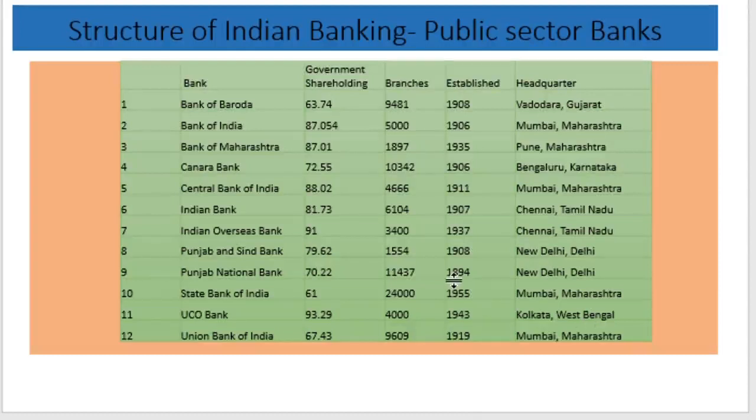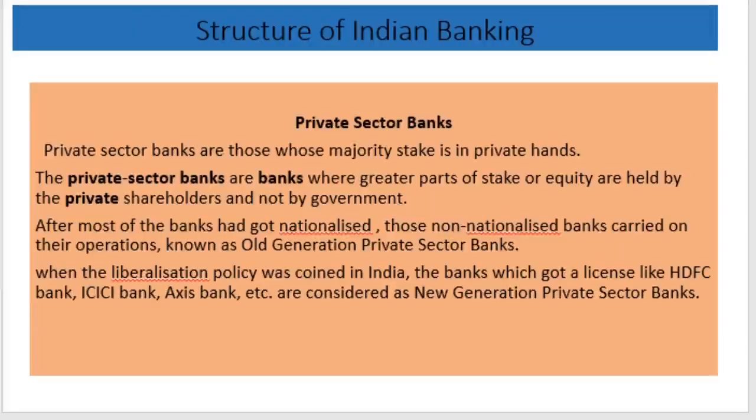And the oldest public sector bank is the Punjab National Bank, which was established in the year 1894, and it has a total of 11,437 branches and 70.22% of the shareholdings are with the government, and it is situated in New Delhi. These are the 12 important public sector banks in India.